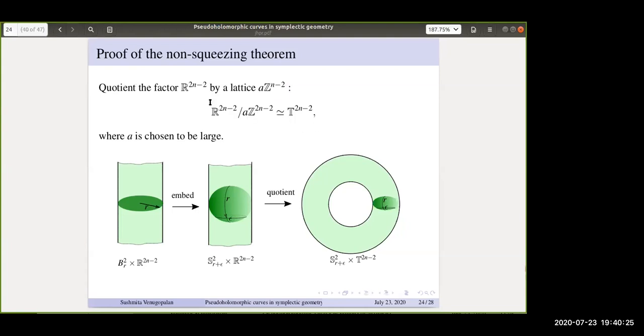So we quotient the factor R^(2n-2) by a lattice multiplied by a number A, which is chosen to be large. So we get a (2n-2)-dimensional torus. The space we are working with is a 2-sphere times a (2n-2)-dimensional torus.